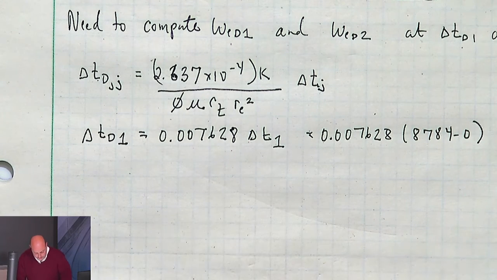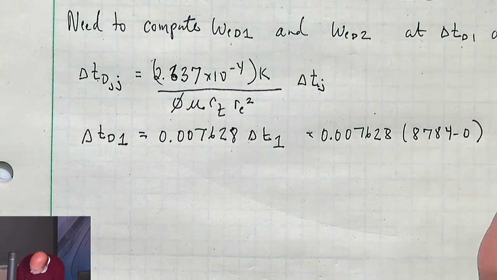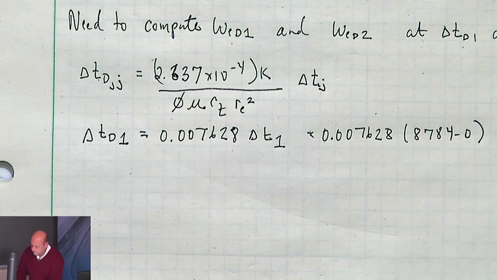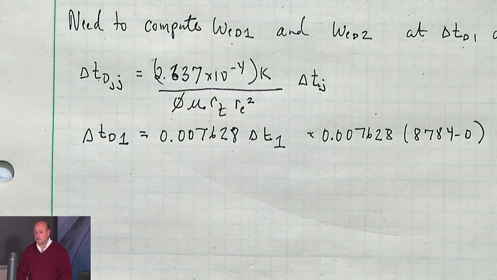And that gives me 67. It's dimensionless, there's no units. Okay, I don't know if anybody got that, but that's a very easy mistake to make, and it's really important because everything's going to be wrong otherwise.